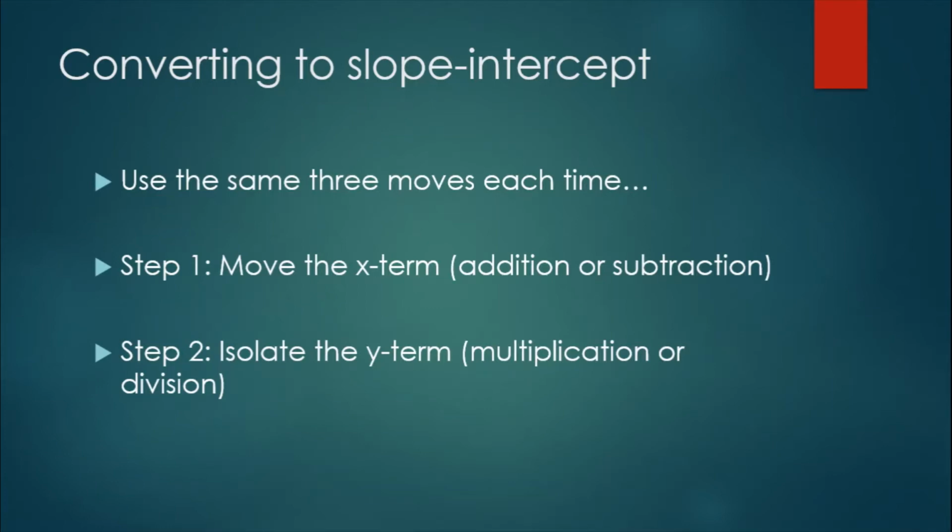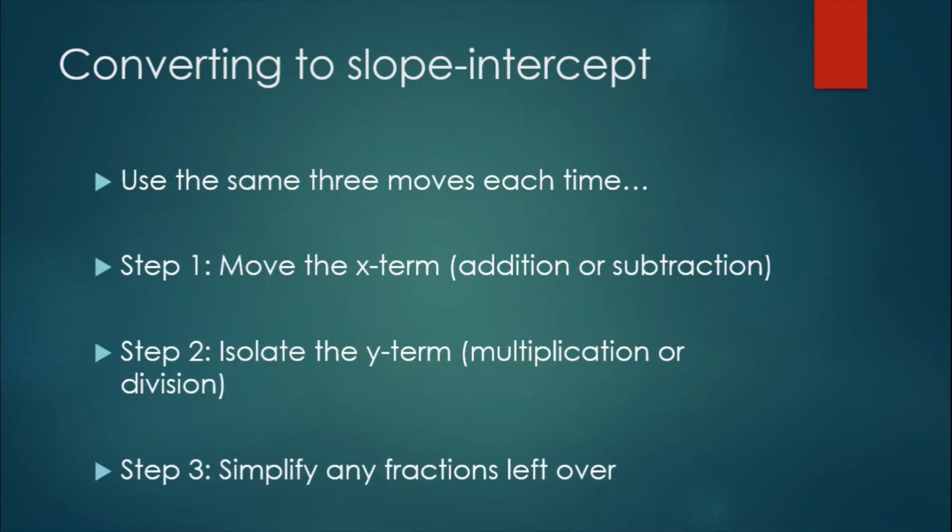We want to get that y by itself, and it's going to have some coefficient, some number in front of it, and we can get rid of that by either multiplying or dividing, depending on what's in front of the y. And then step three, you may end up with some fractions that are not in most simple form. The hard work's already done. We just need to simplify any fractions that are left over.